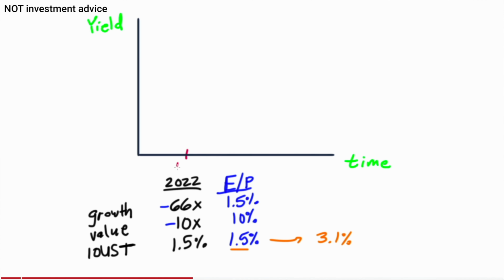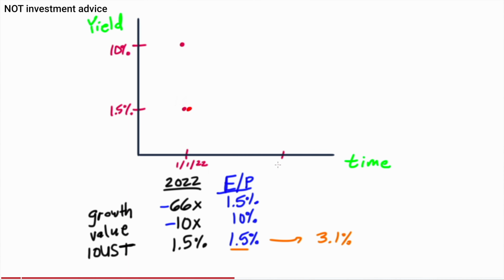So on January 1st of 2022, we had the 10-year US Treasury at 1.5%. We're going to put this over here, 1.5%. And we had the value stock at a yield of 10%. Then we also had the growth stock at an earnings yield of 1.5%, just like the US Treasury.